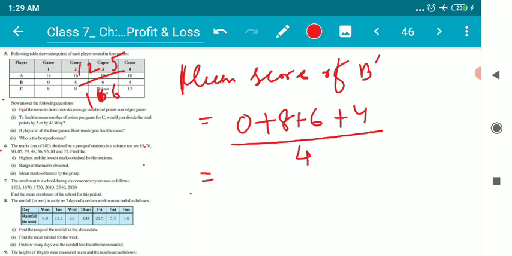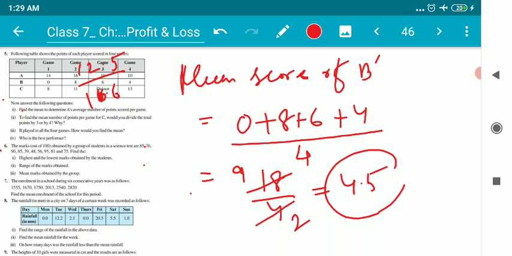So 8 plus 4 is 12, plus 6 is 18. 18 by 4: 2 2s are 4, 9 2s are 18. 9 by 2 means 4.5. So 4.5 is the mean score of B. Now the question is, who is the best performer? Of course player A. A is the best performer because his average score is 12.5.